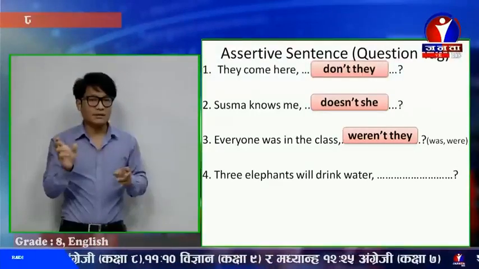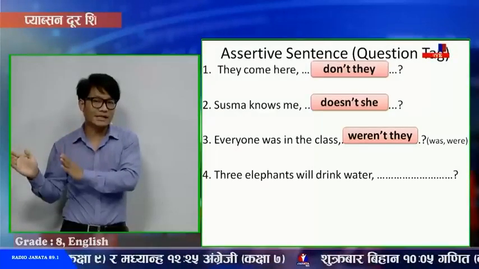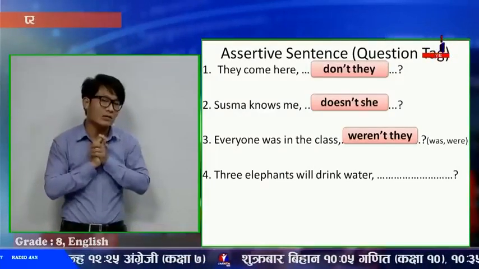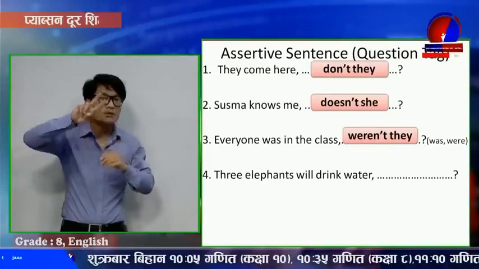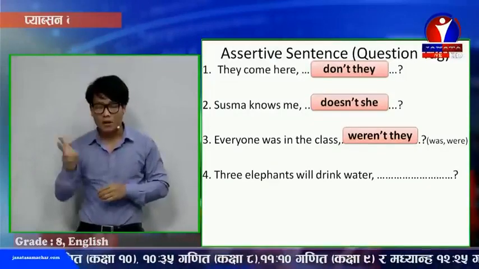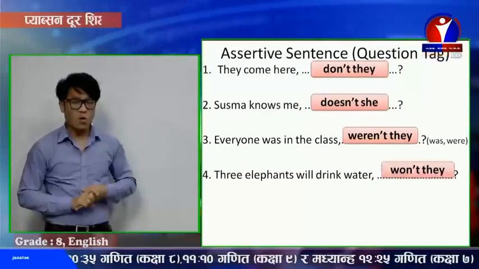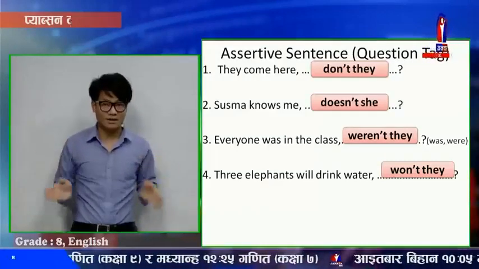"Will drink water" is a positive statement, so the question tag should be negative. What is the right answer? Can you guess? Will not should be written in short form, so will not becomes won't. The right answer is won't they. 3 elephants will drink water, won't they?